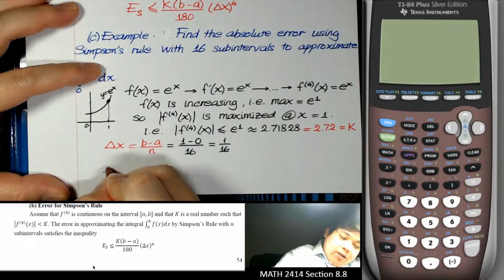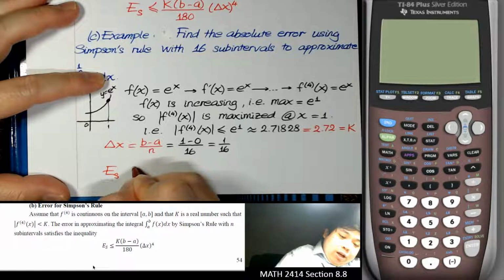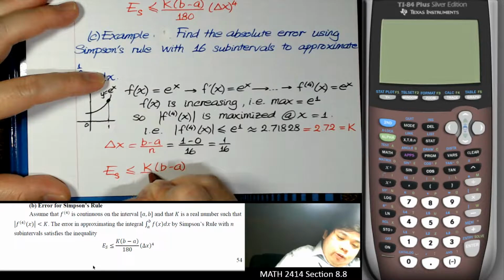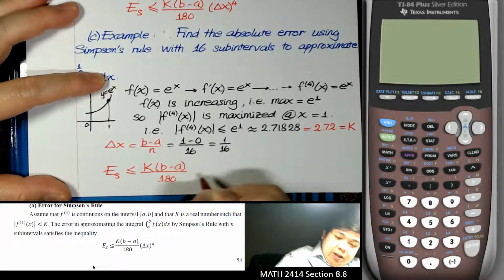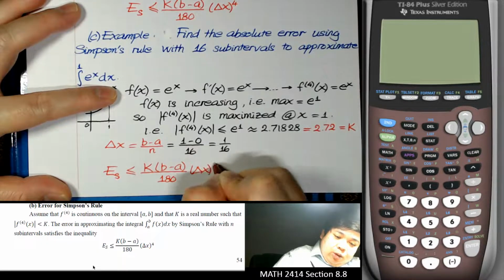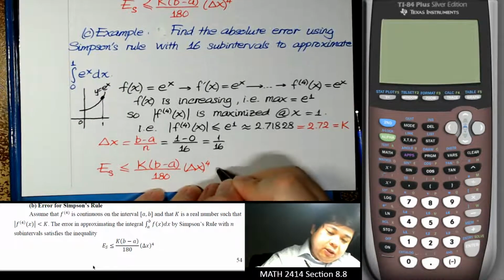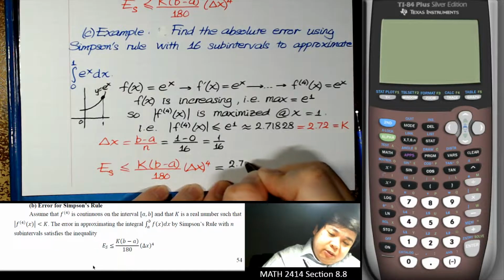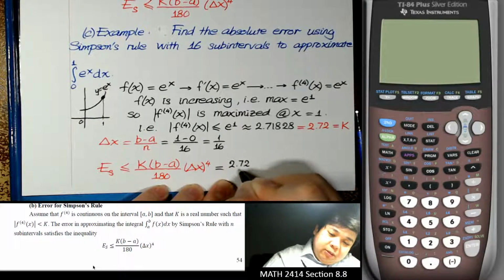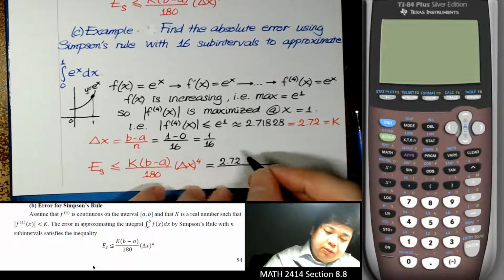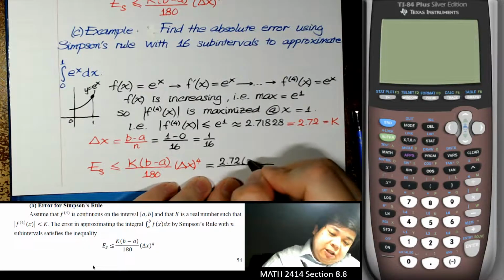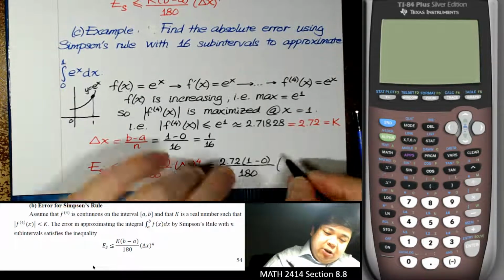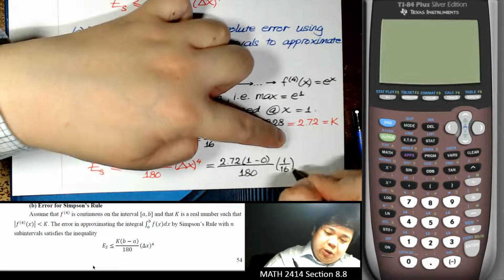So the absolute error using Simpson's rule is less than or equal to k times b minus a over 180 times delta x to the fourth power. K is 2.72, b minus a over 180, delta x is 1 over 16, to the fourth power.